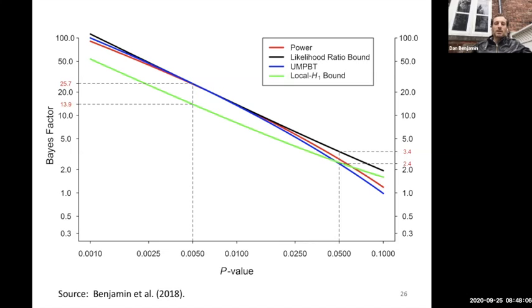It's kind of an incorrect intuition people have that it corresponds to like 20-to-1 odds against the null hypothesis. And what this figure shows is that if that's really what you're aiming for, then it's the p-value of 0.005 that corresponds to that. That's where you get upper bounds that are around 20-to-1.